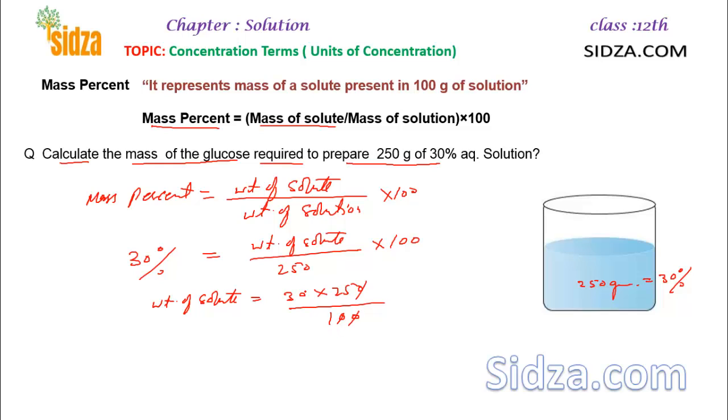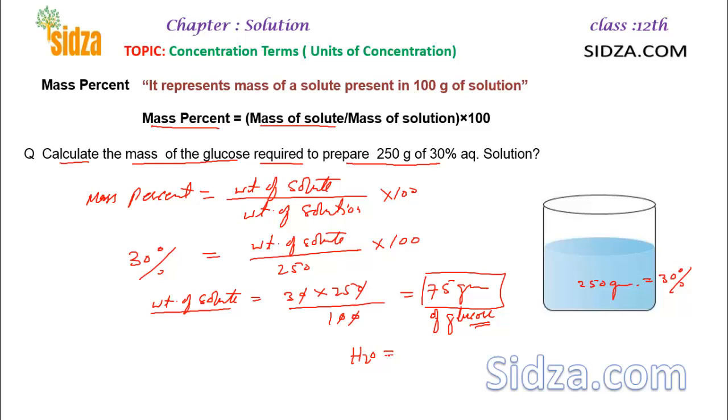We can cancel out these two, so it will be 75 grams. Which means that we have to take 75 grams of glucose. We have to mix 75 grams of glucose with how much solvent? What should be the water?